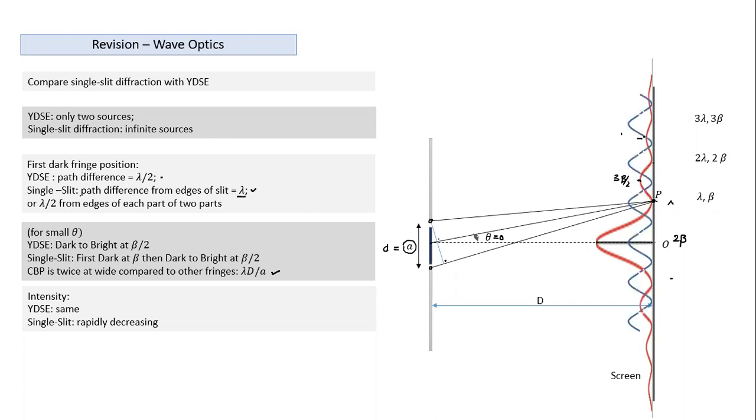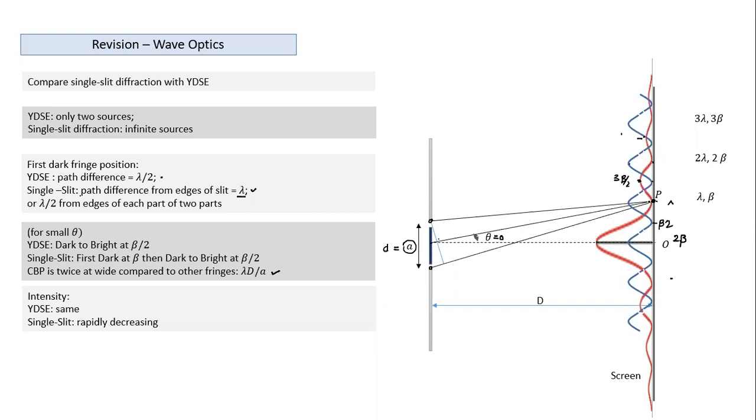In that case, what will happen? If A and D are the same, and we superimpose the fringe patterns, that's what it would look like. This one would have formed at beta by 2. You notice here that the first bright fringe is coinciding with dark here, then dark is coinciding with bright, and then again bright and dark.